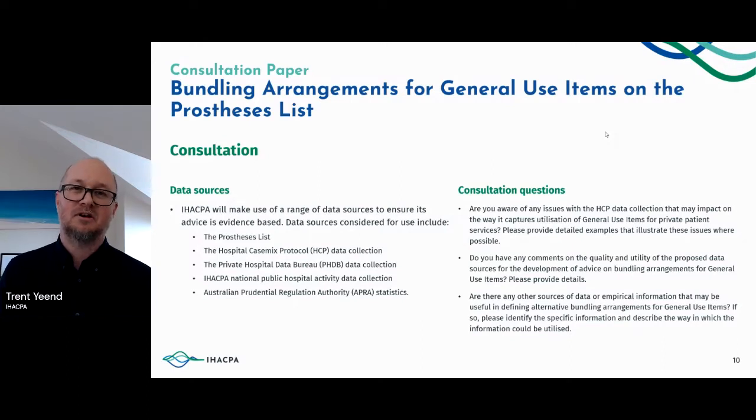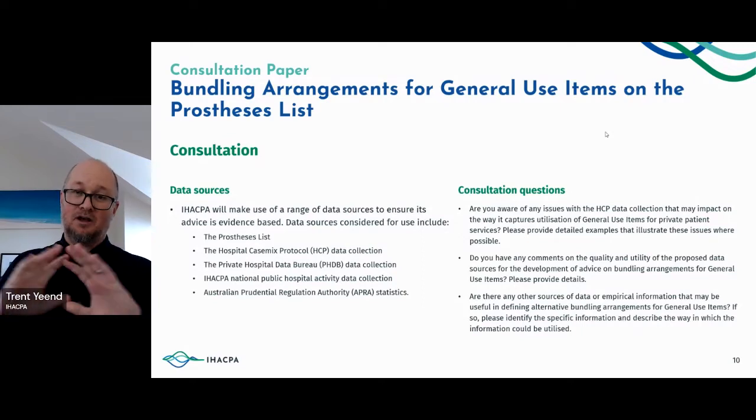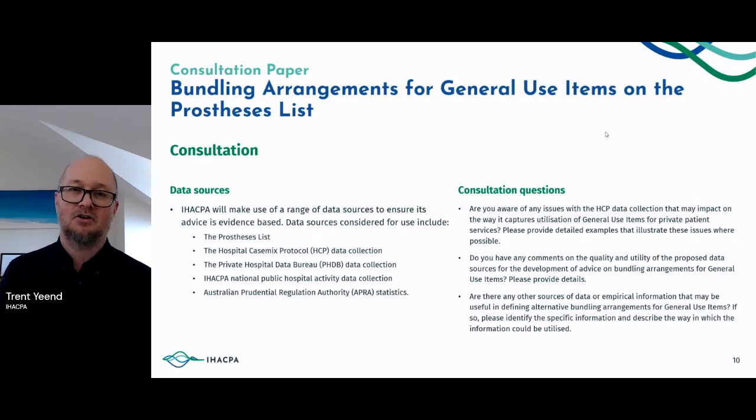And that will be used to understand the population of privately insured admitted episodes of care within public hospitals. And so those 2 data sources together will be used to have a view of the population of admitted episodes of care provided to privately insured individuals, and we'll be using that to understand the representation of the HCP data in that regard.